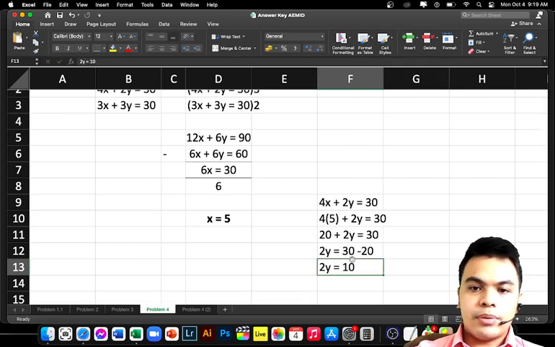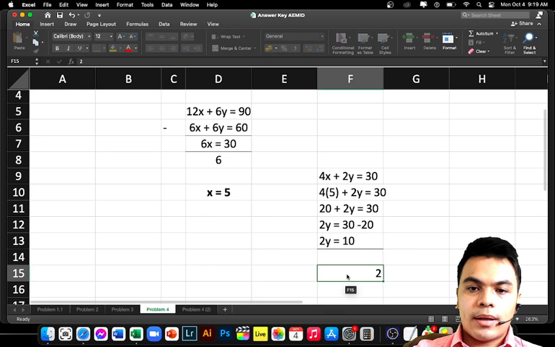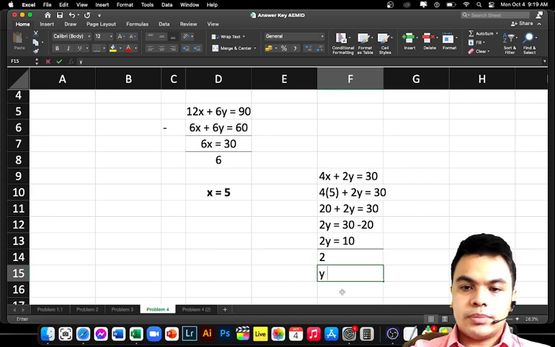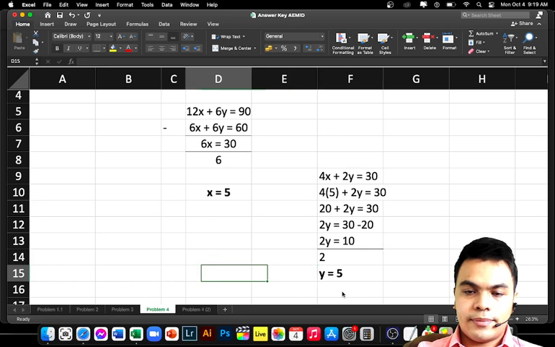And we divide both equations by 2. By 2. Our y is equal to 10 divided by 2 is 5. Ayan. Okay?